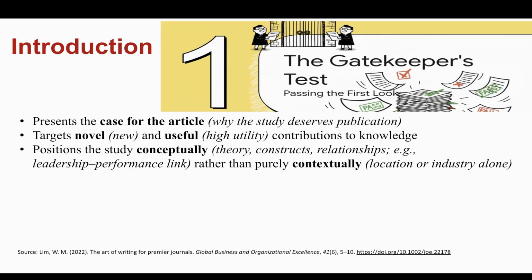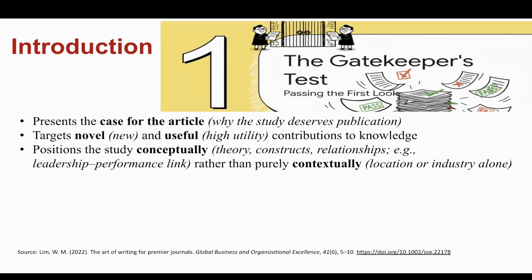We have to position our study conceptually: how this study is contributing to theory, what our constructs are, and what kind of relationships we are going to study in this entire research or article. You have often seen some researchers just give it a context like location.